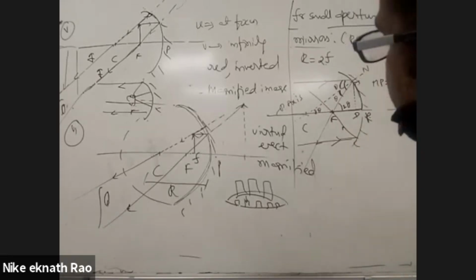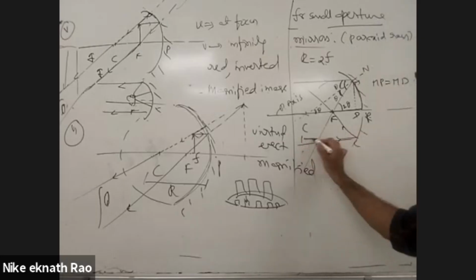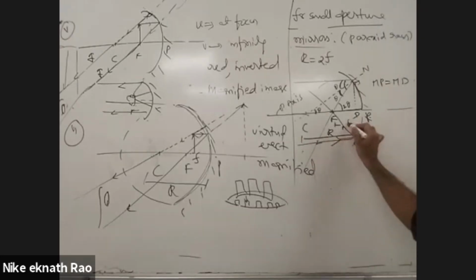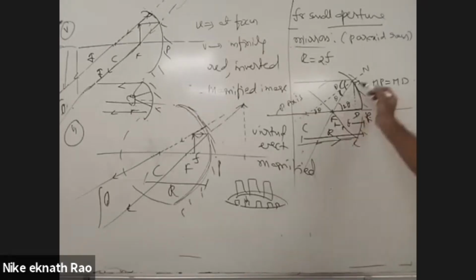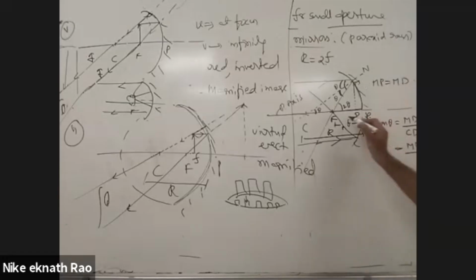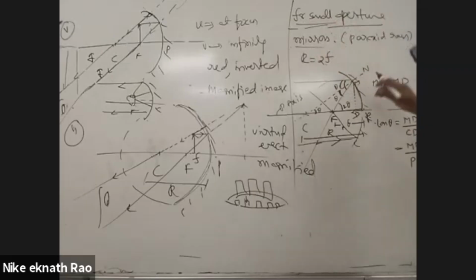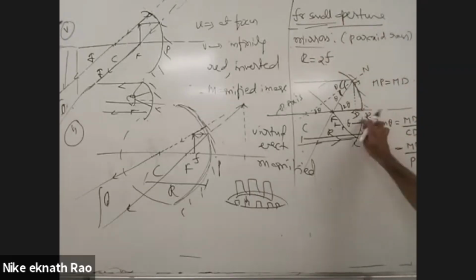This distance is PC, the radius of curvature, and this distance is the focal length F. If the mirror has a very small aperture, D and P coincide, so I can take PC.